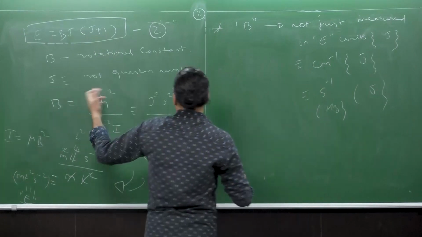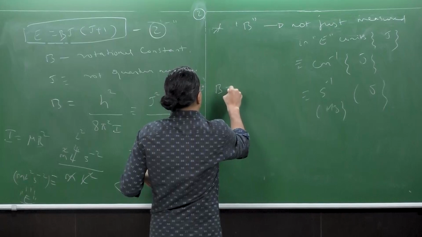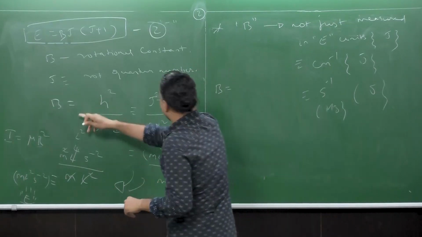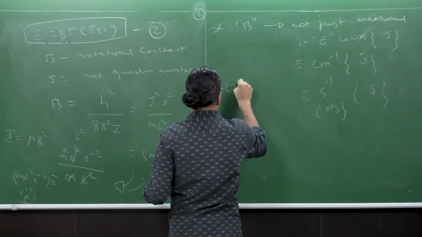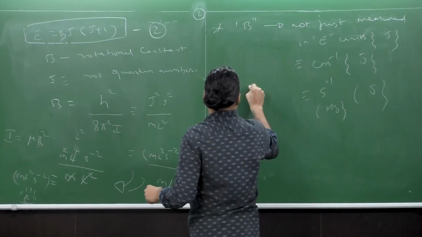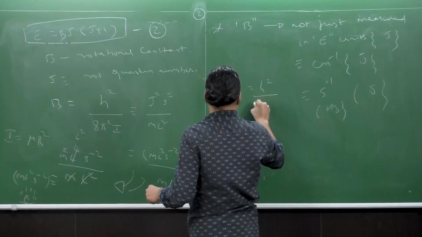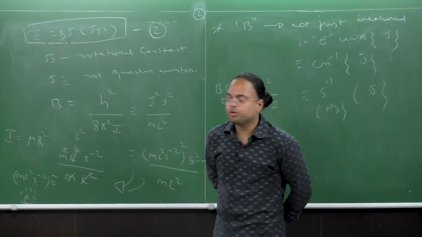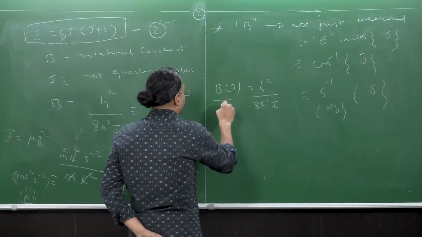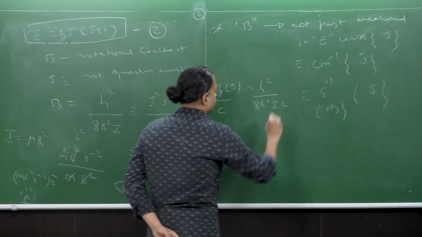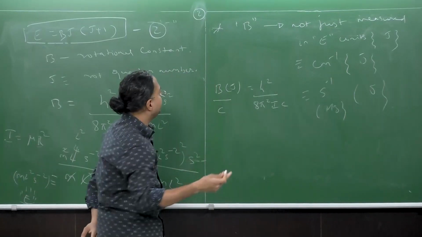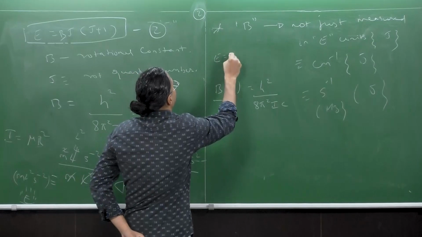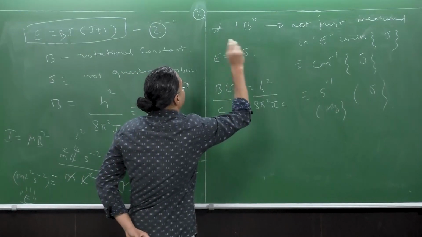Straightforward. Let's say, take B. You start with B in joules, in SI units, given by h squared by 8 pi square I. Once you get this, now divide both sides by the speed of light, and you use the idea that E is equal to h c nu bar.